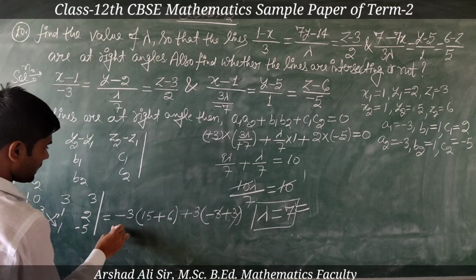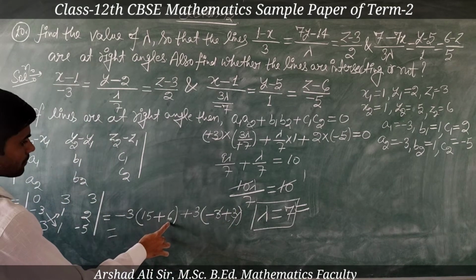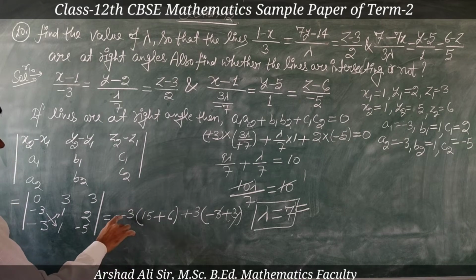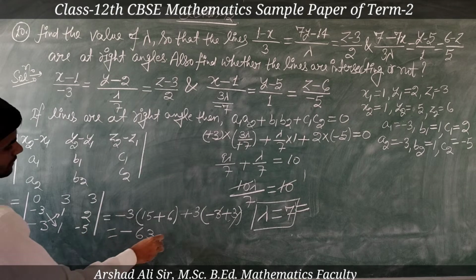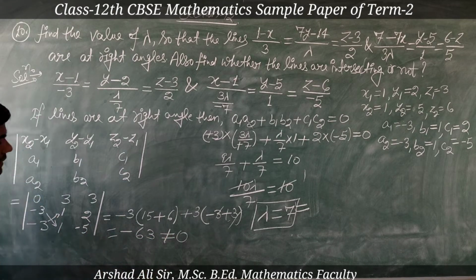So here we have 15 plus 6, 21, 21 multiply 3, 63, and 63 is not equal to 0. It means the lines are not intersecting.